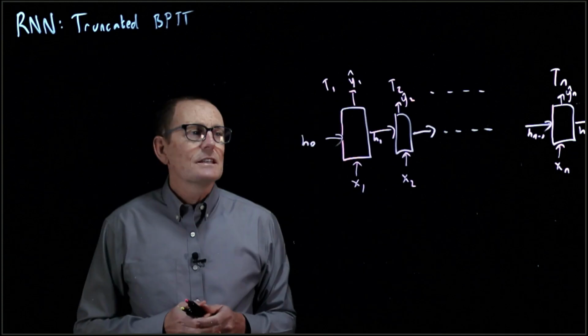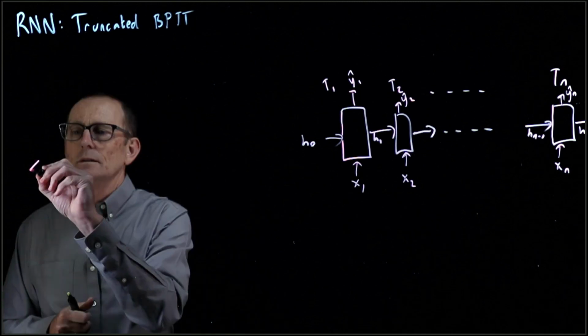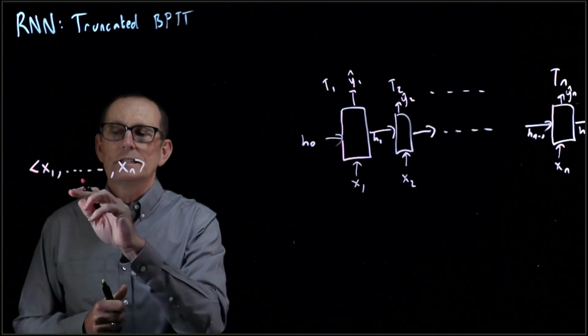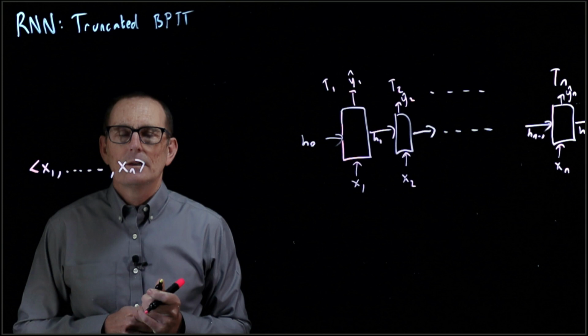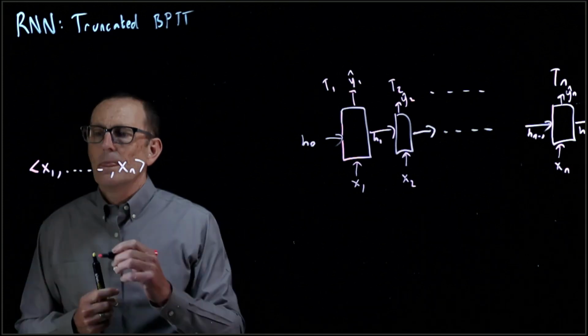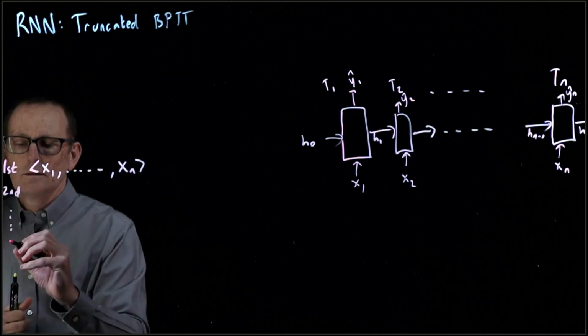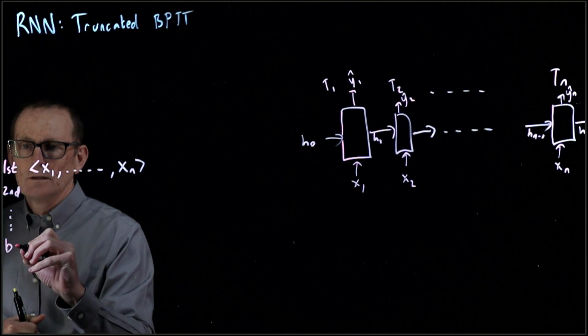Let's look at the sizes of some of these tensors. Okay. So we have a sequence of length n coming in. This is the first instance, and this is all the way to the batch size.